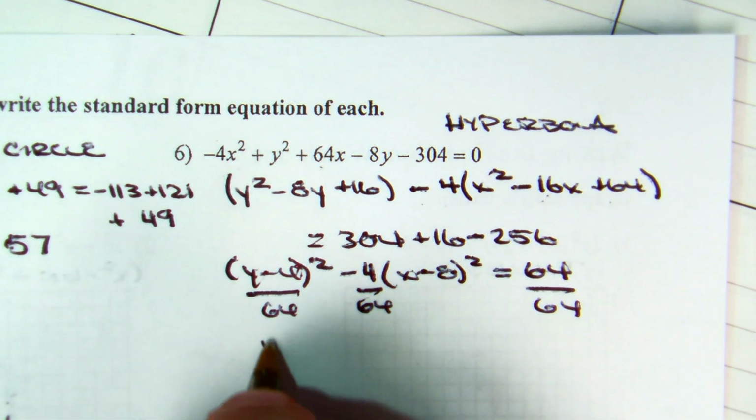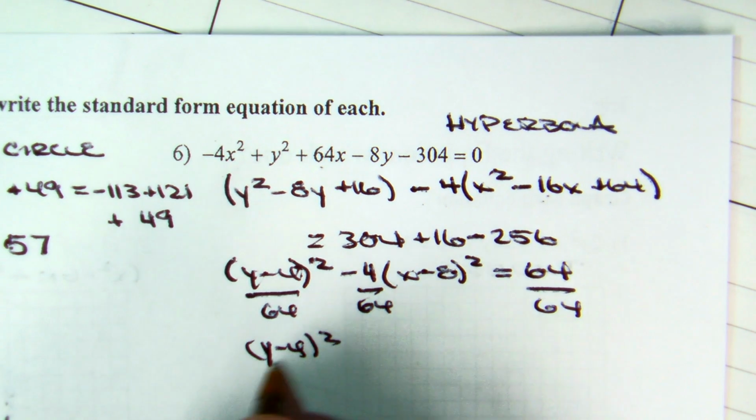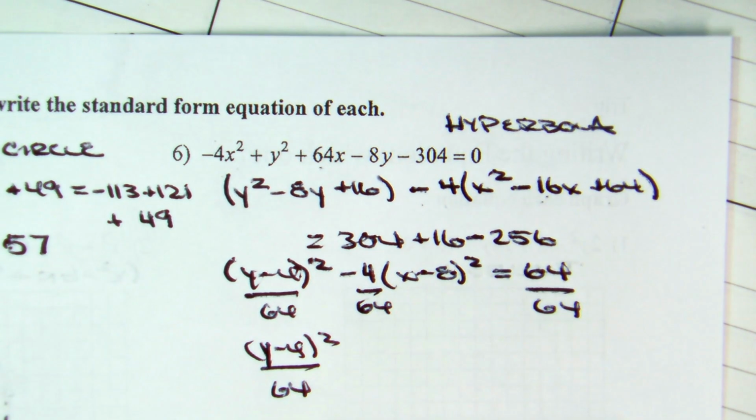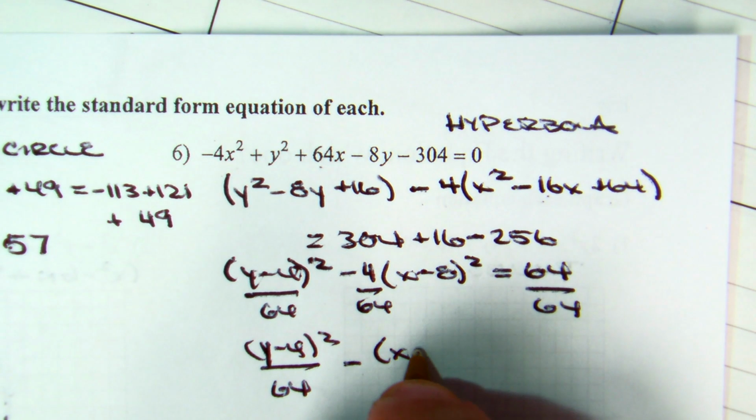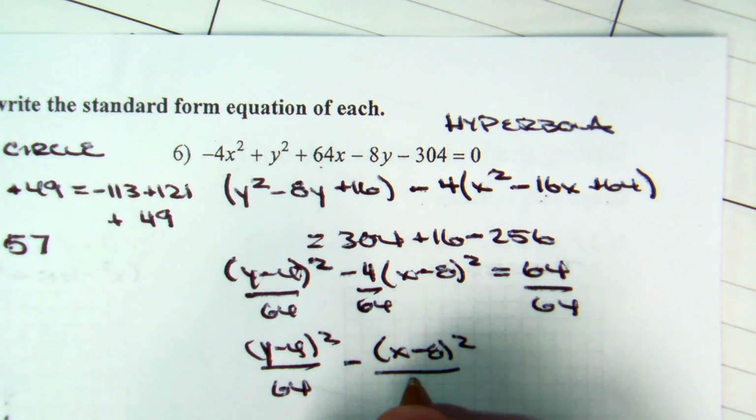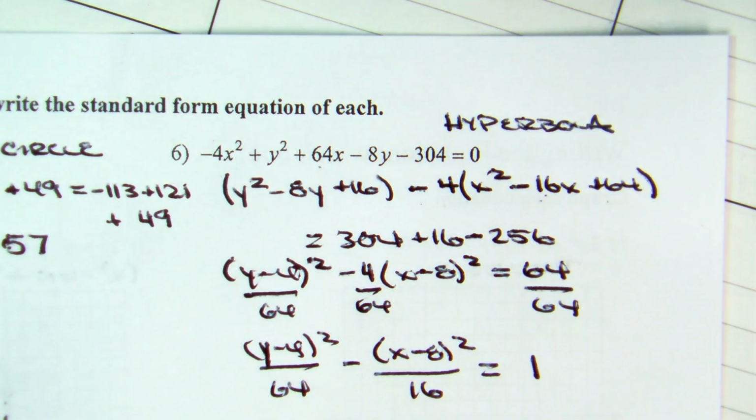I'm going to be left with y minus 4 squared over 64 minus x minus 8 squared over 16 equals 1. Seem good?